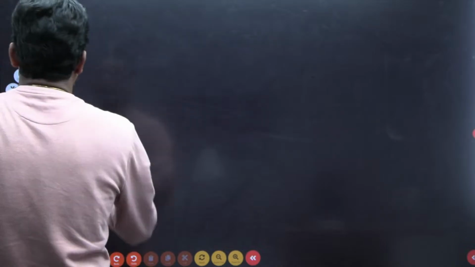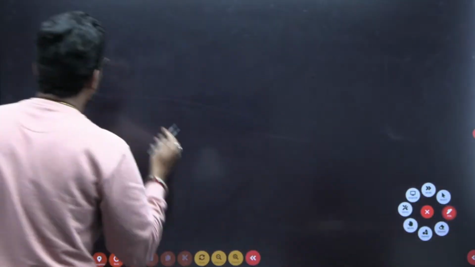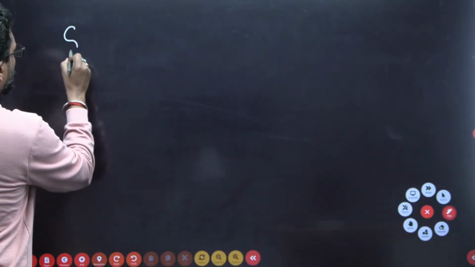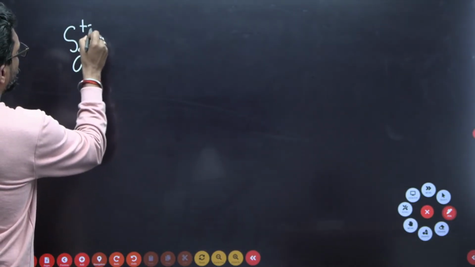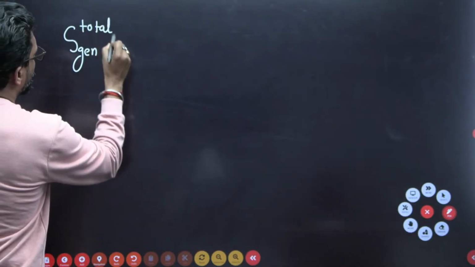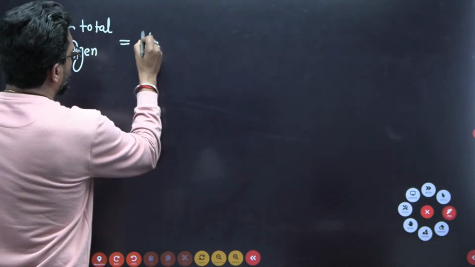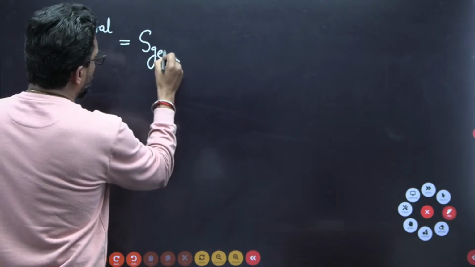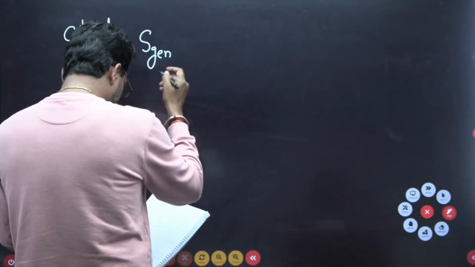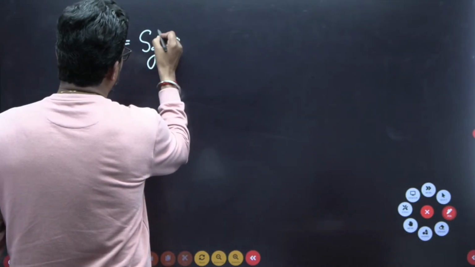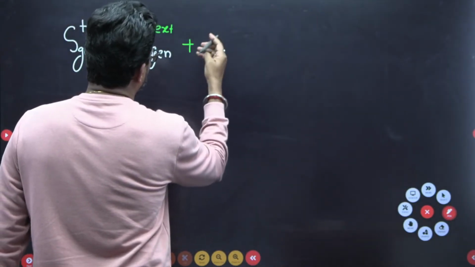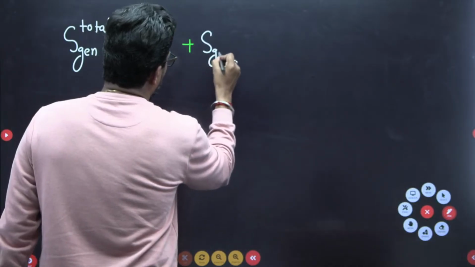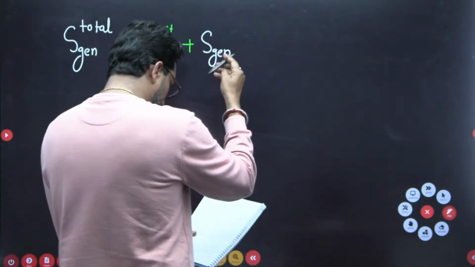Now, see this one. That means we can write like that: total entropy generation is equal to entropy generation due to external plus entropy generation due to internal.